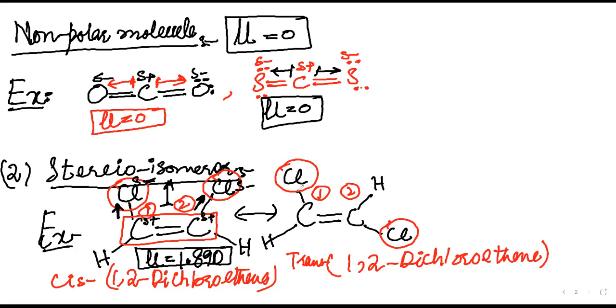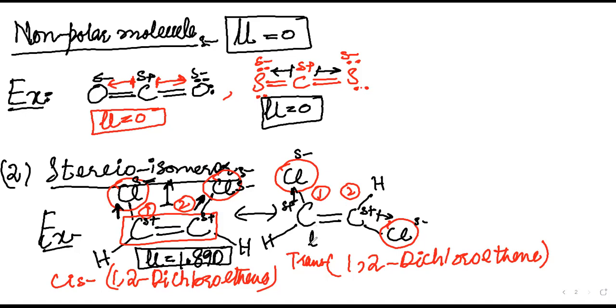So we check the compound in the trans form. Partial negative charge on chlorine, partial positive charge on carbon. The direction of dipole moment is positive to negative, positive to negative, so both vectors are opposite in direction.